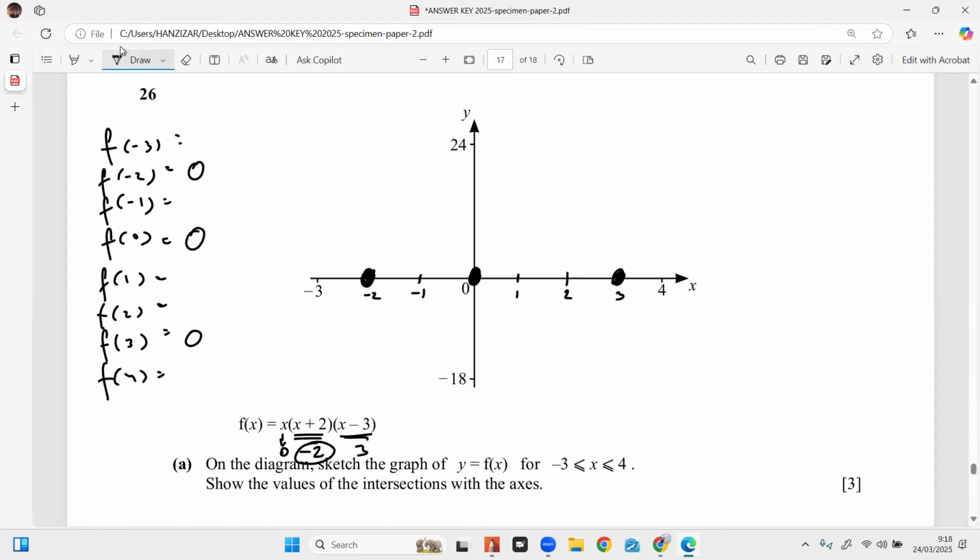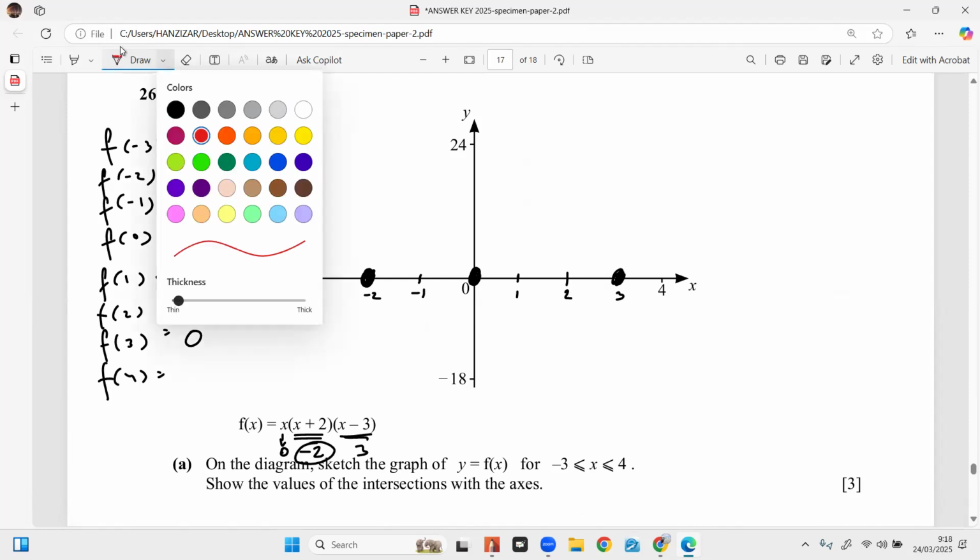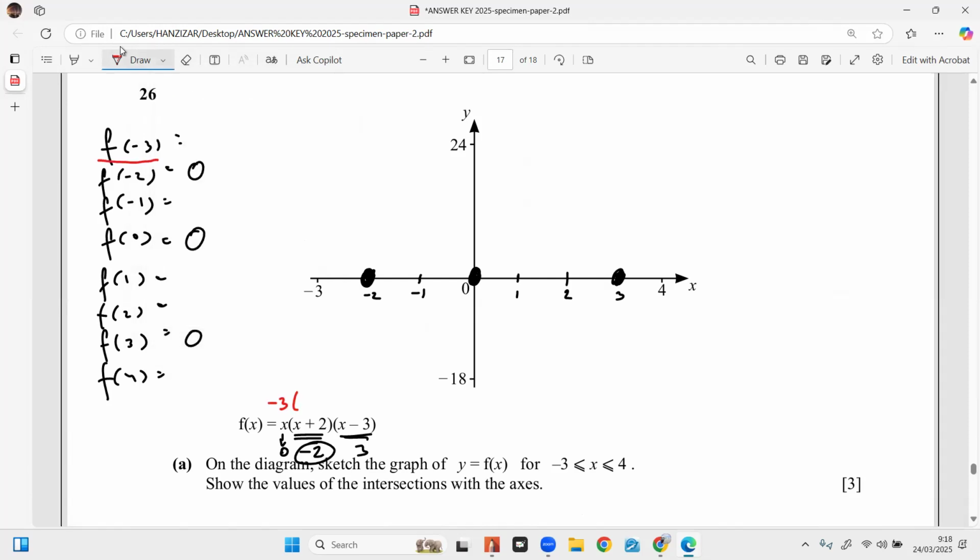Then you can go for -3, one by one. Here, do from scratch. The answer would be -3 times -1 times -6, which is -18.